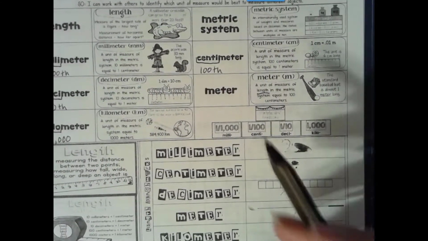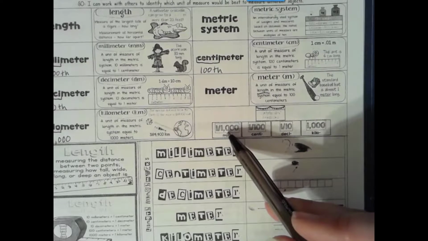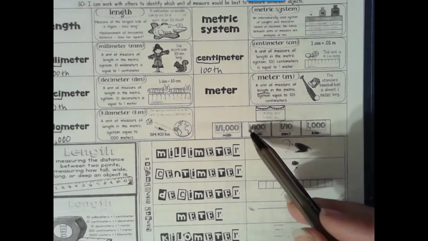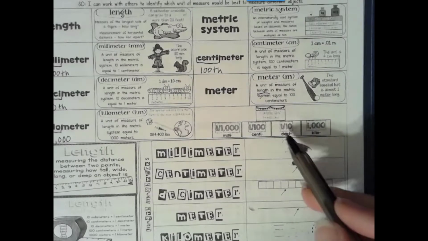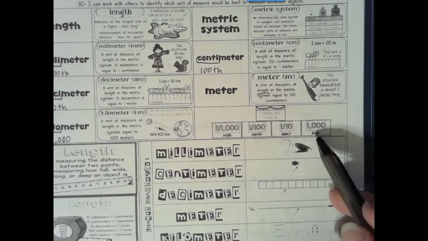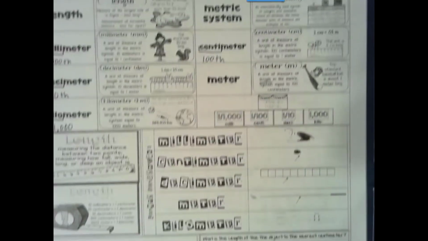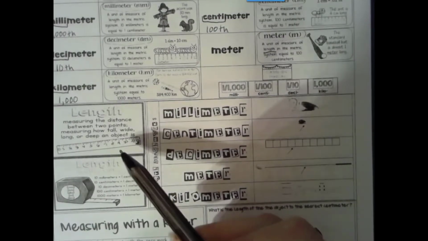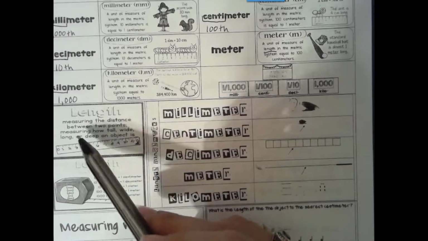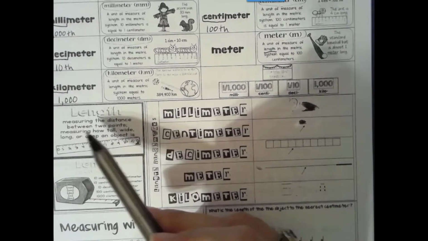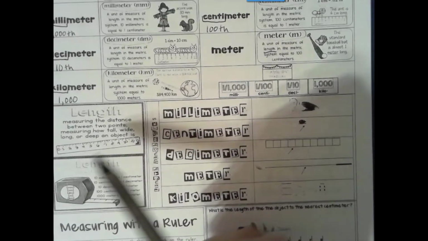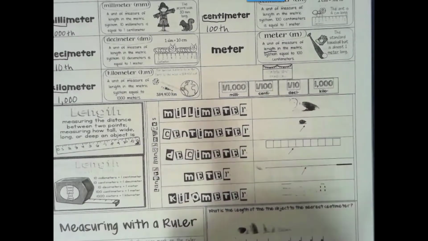So again, milli is 1,000th. It's a fraction or decimal. Centi is 1/100th. Deci is 1/10th. Kilo is 1,000. Length: measuring the distance between 2 points, measuring how tall, wide, long, or deep an object is. So metric length, we use meters.